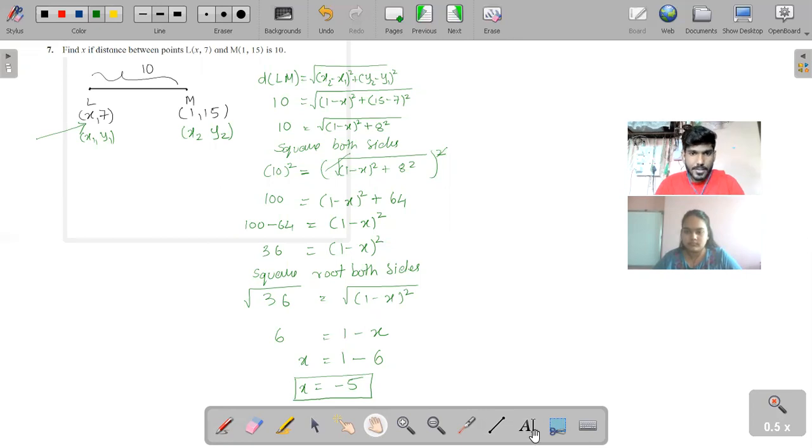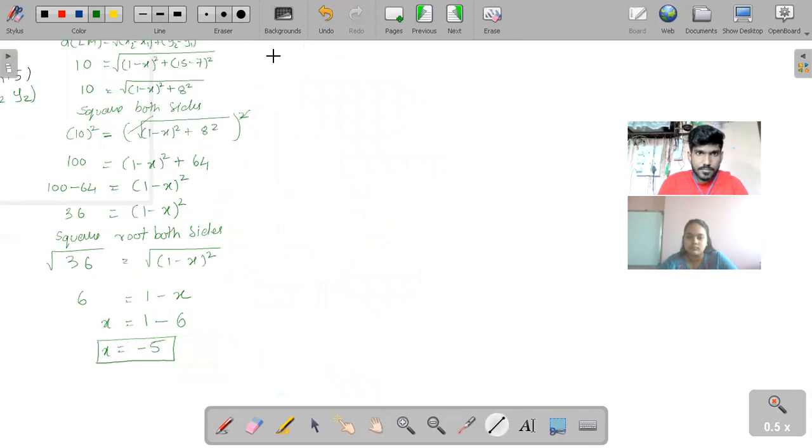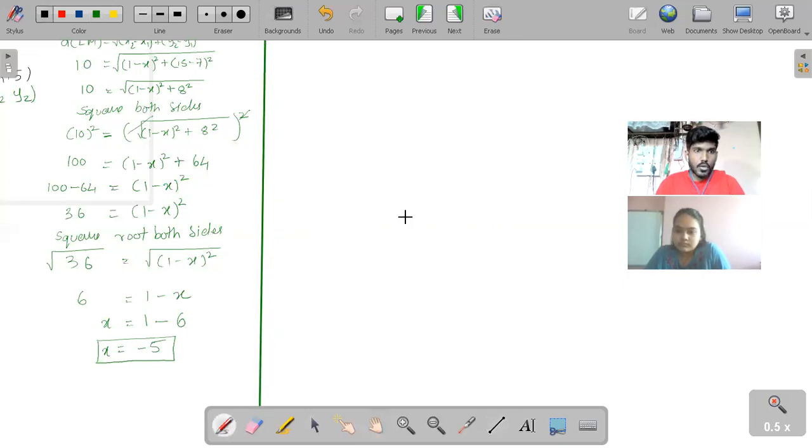I'll show you the second method. Okay. So up to here, it will be the same. So that is 36 is equal to 1 minus x the whole square.